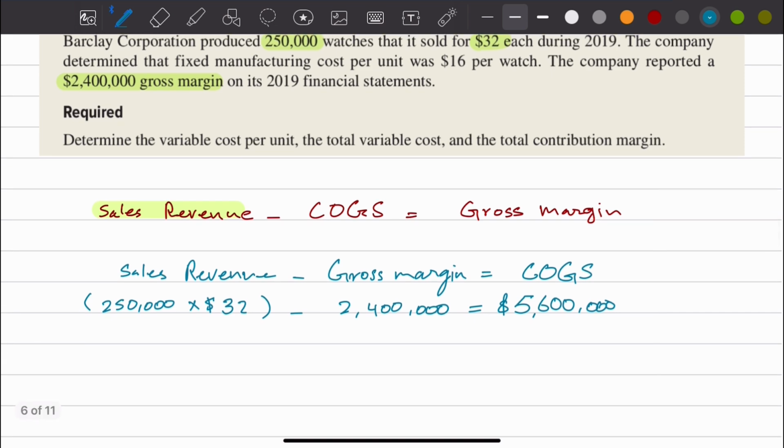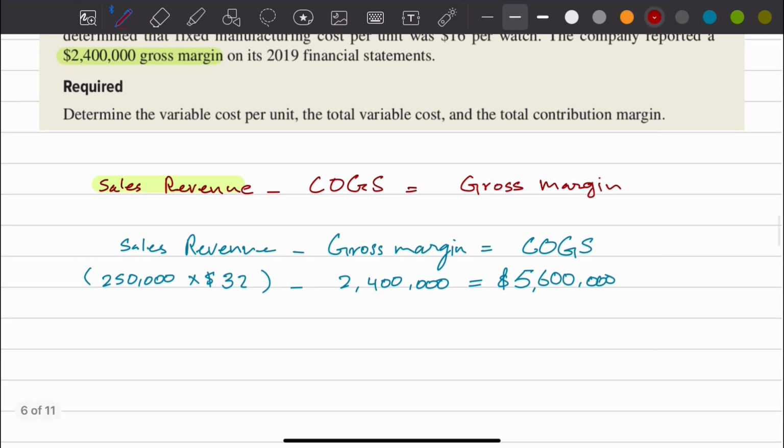All right, now because this is the cost of goods sold, we can take this and divide it by the number of units sold, and we can find the cost of each product that was produced, right?